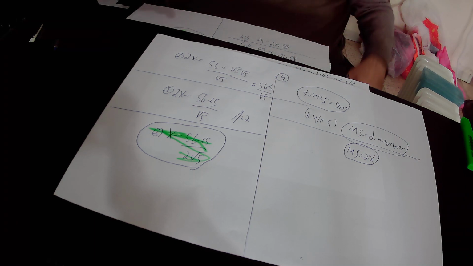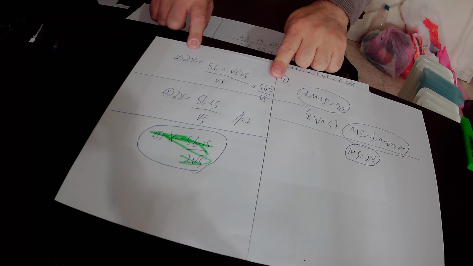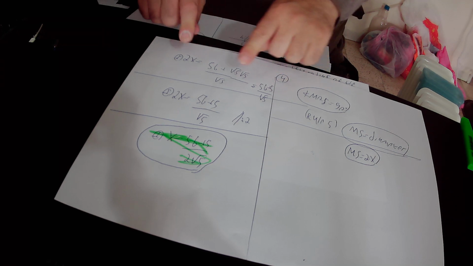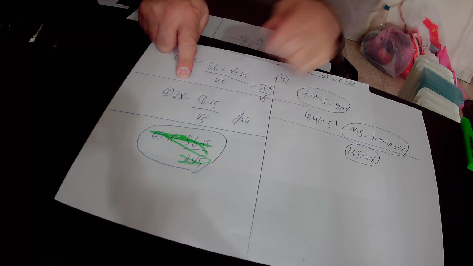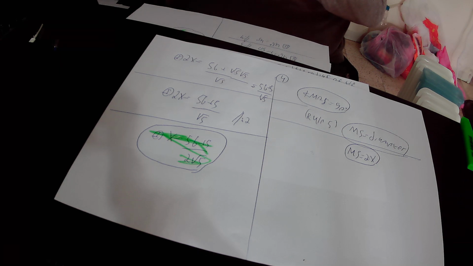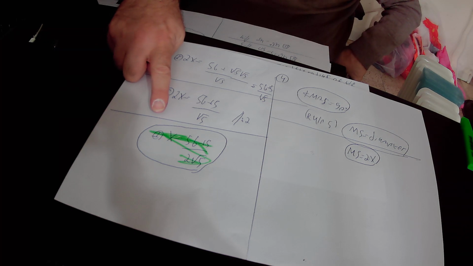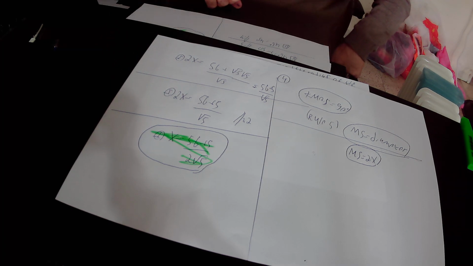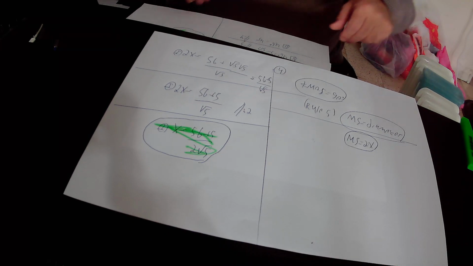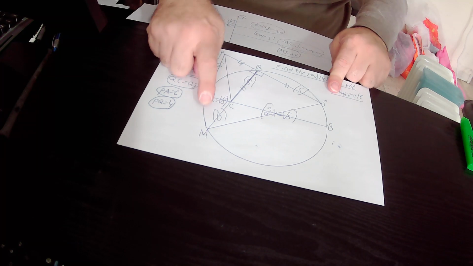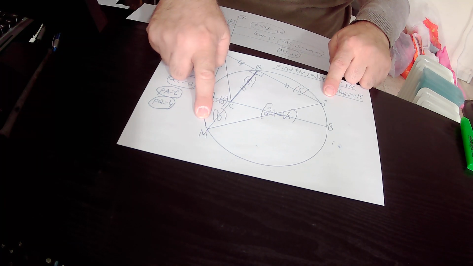So 2x equals 5b plus 5 over the square root of 5. Here we divided equation number 1 by 2 and finally found that x equals 5b plus 5 over 2 times the square root of 5. Okay? Then we joined points S and M together by a straight line.